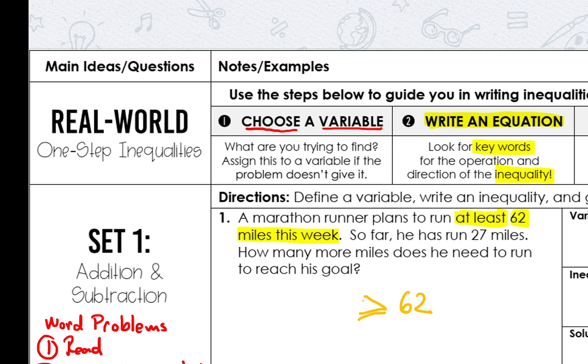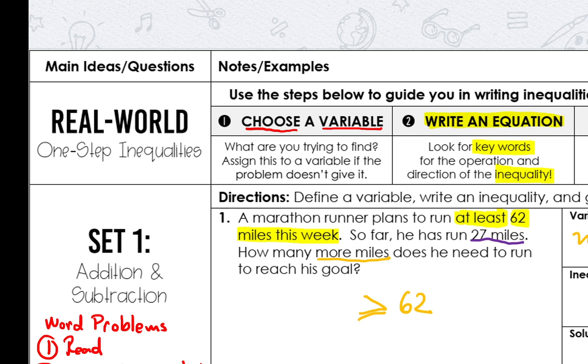And mister, what is my variable? I'm looking for how many more miles. Miles is my variable, so I will use the letter M. M is my variable. So far, he has run 27 miles already.